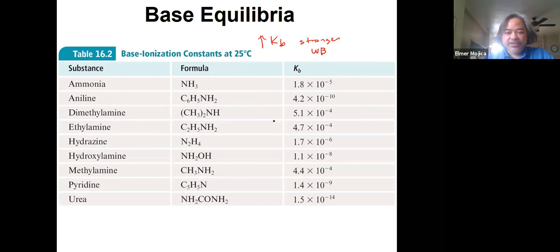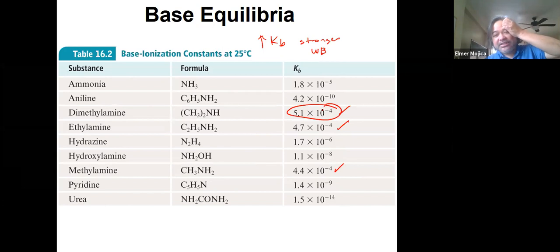So if you're going to look at this, the strongest base here would be what? It's a choice between this one and this one and this one. But the winner is dimethylamine.